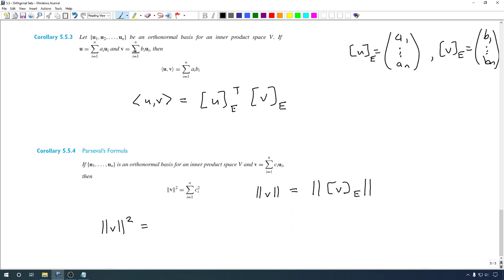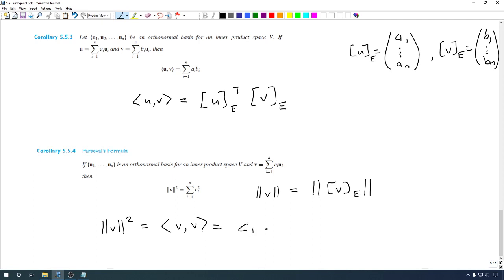We can actually use the previous corollary. So what is the norm of v squared? Well, it's just the inner product of v with itself. We know what the inner product of v with itself is. From this formula, just take the coordinates of v and multiply them by themselves.